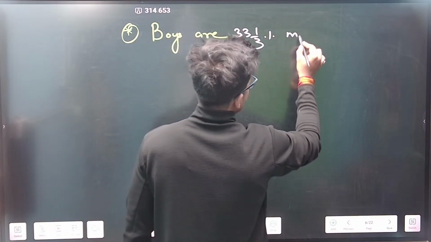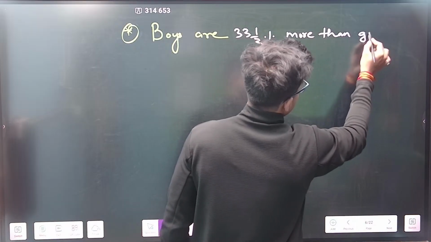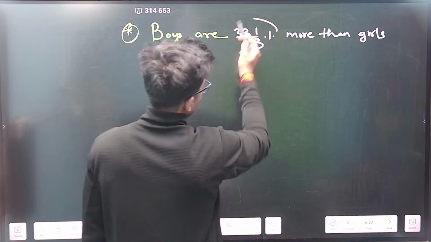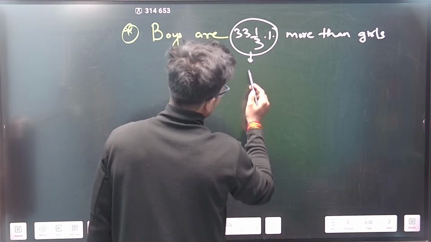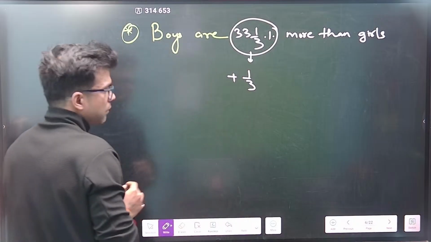I've explained this many a time. More than girls means what? This 33 1 by 3 is nothing but 1 by 3. And if they are talking about more, then the sign of plus would be there, right?